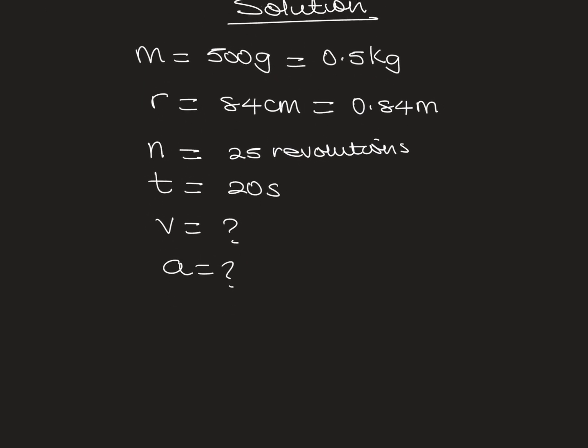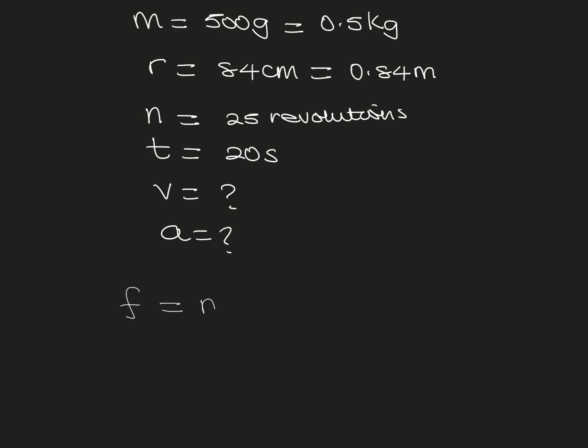When you have the number of revolutions and time, you can find the frequency or the period. The frequency is equal to the number of revolutions divided by time, and the period is equal to the total time divided by the number of revolutions, because the frequency is the inverse of the period and the period is the inverse of the frequency.